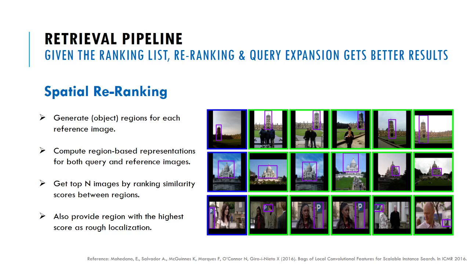So what is spatial re-ranking? In the back end, when we are indexing these reference images, remember the reference images are the images in the data set, we will be applying some algorithm to extract regions from these images.